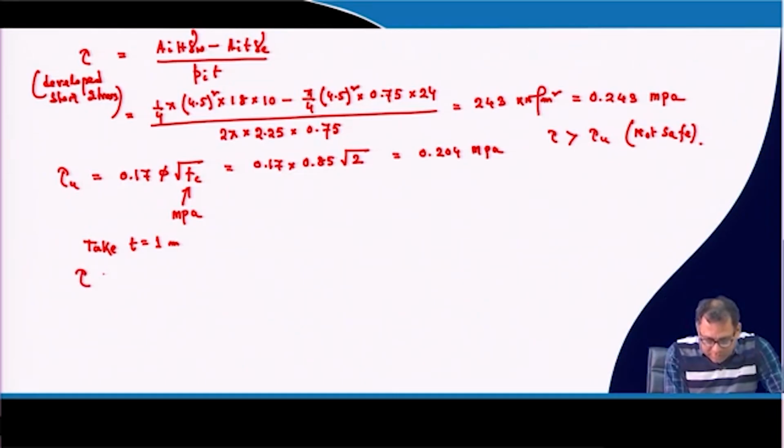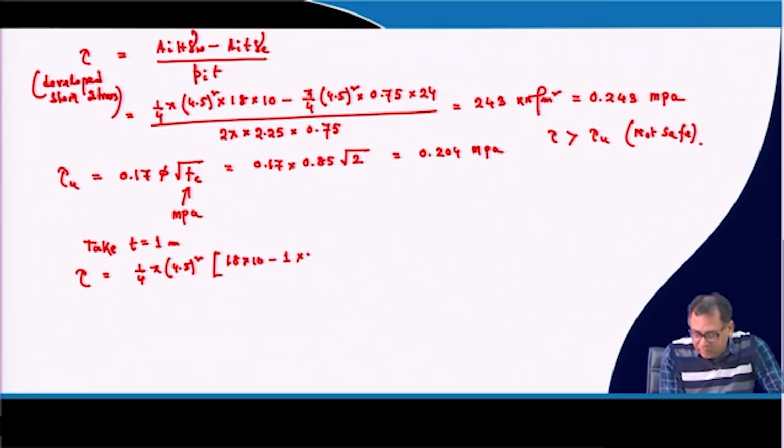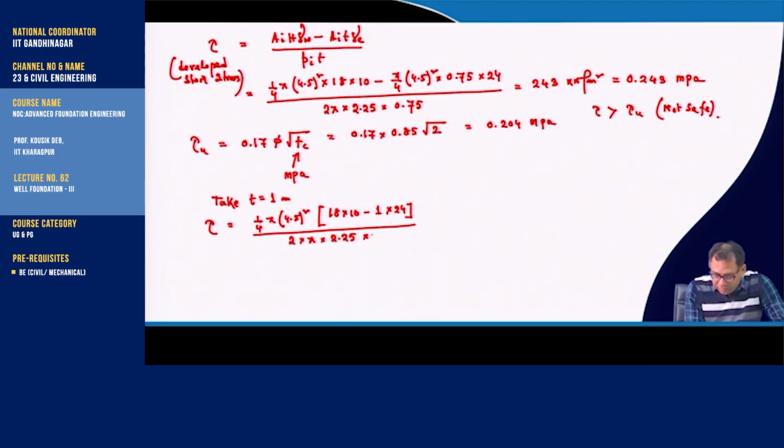Now, the tau which is developed is, if I take this pi by 4, 4.5 outside, then this will be 18 into 10 minus, now it is 1 into 24, then divided by again 2 into pi into 2.25 into 1, because now it is 1 meter.